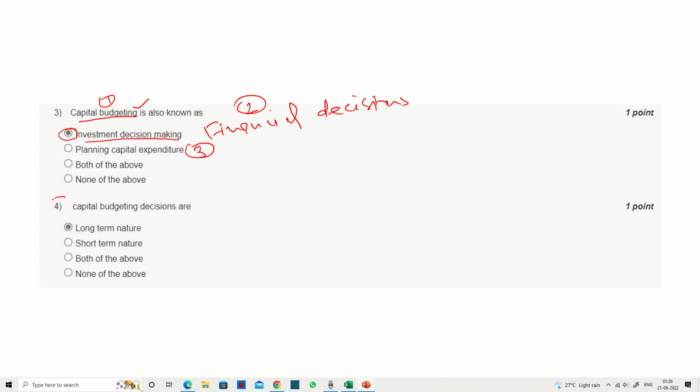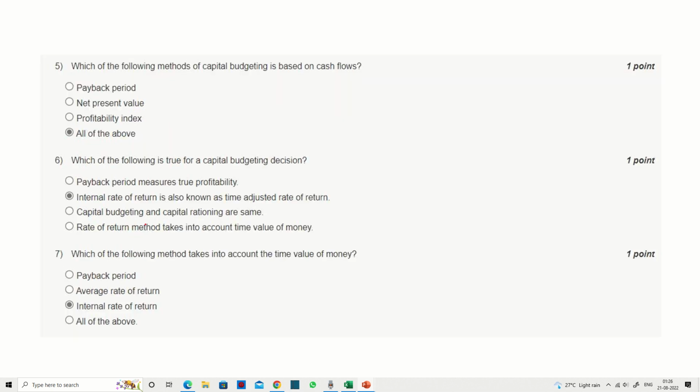Question number 4. As per Professor M.K. Barua, the correct answer is long term nature, that is capital budgeting decision is generally long term nature. Question number 5. Which of the following methods of capital budgeting is based on cash flow?